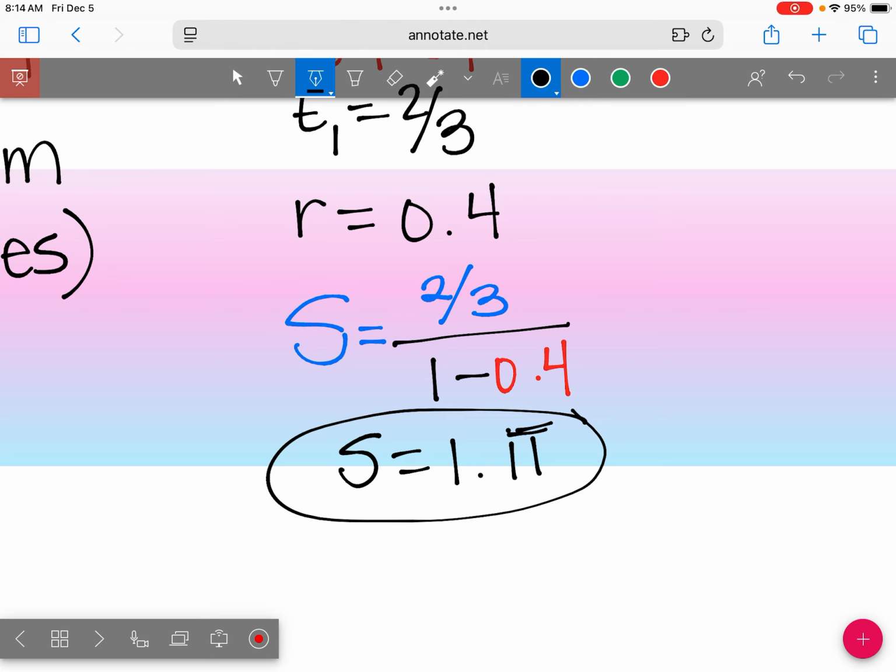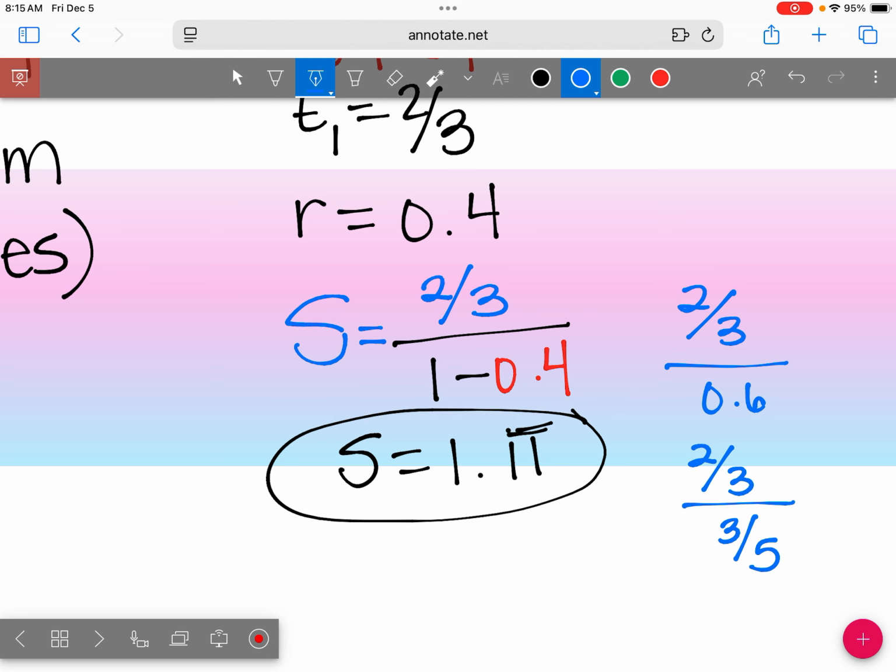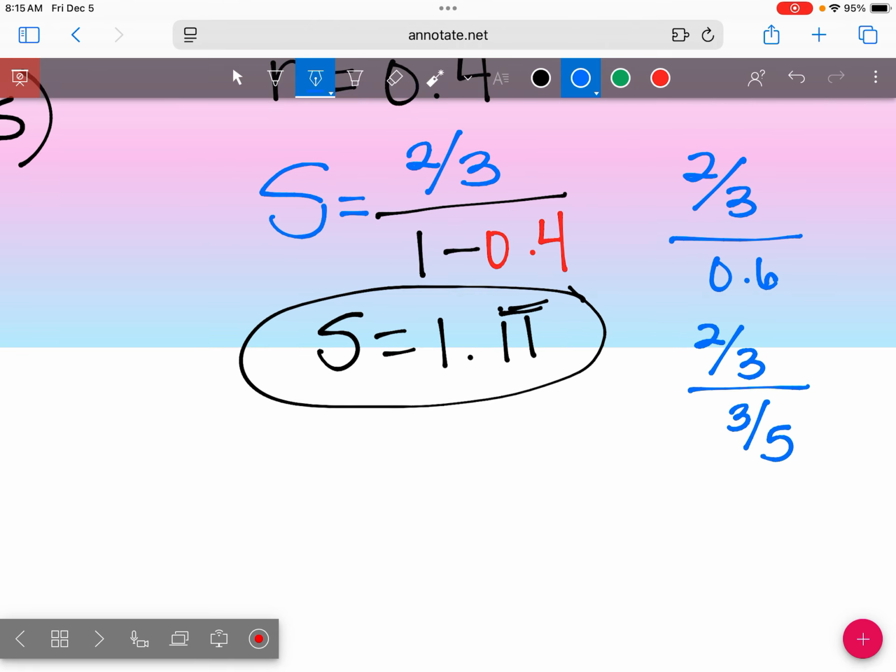Yeah, I mean, you could do it by hand. You would have to take the 2/3 and then divide that by 0.6, which is the same thing as 2/3 divided by 3 over 5. Then you would have to do keep change flip, which would be 2/3 times 5 over 3.